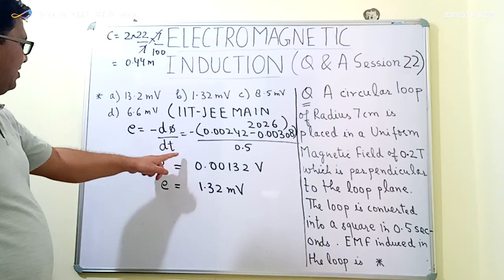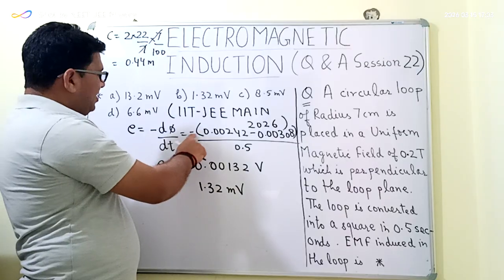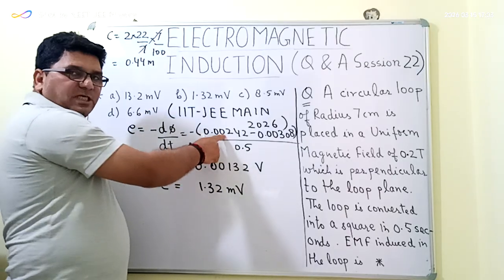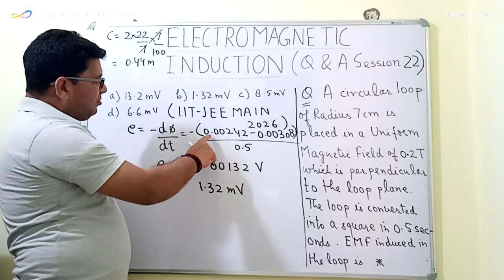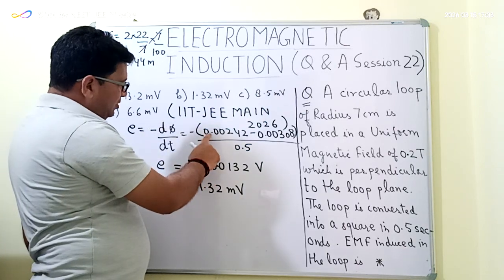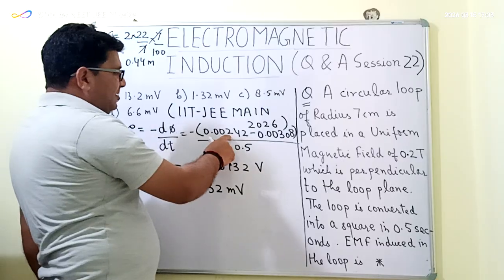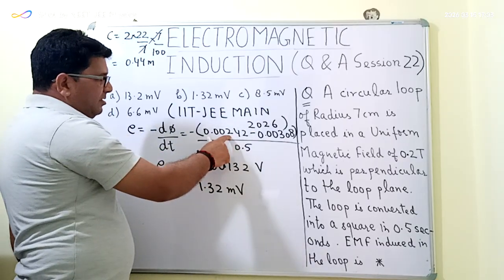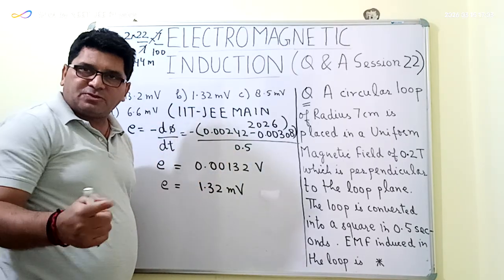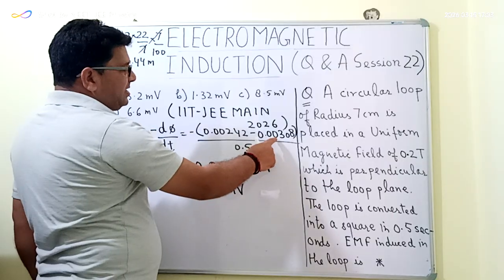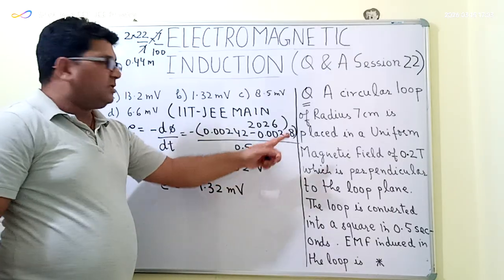So the induced EMF, which is equal to the rate of change of the magnetic flux, that is E is equal to minus d phi upon dt. So this is equal to minus the change in the magnetic flux, 0.00242. This was the magnetic flux associated with the square loop, and this was the flux associated with the circular loop.